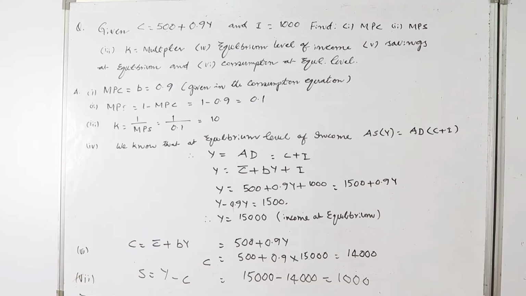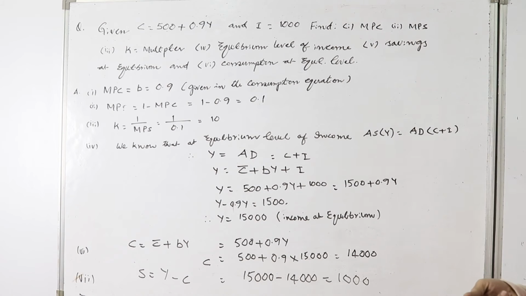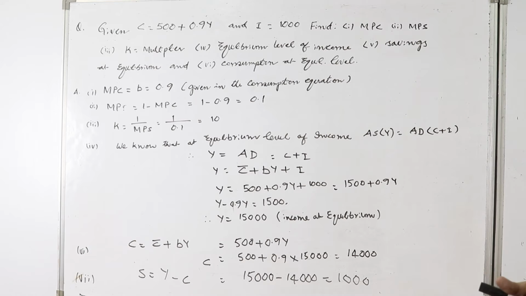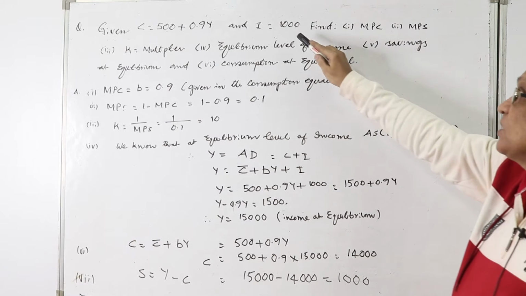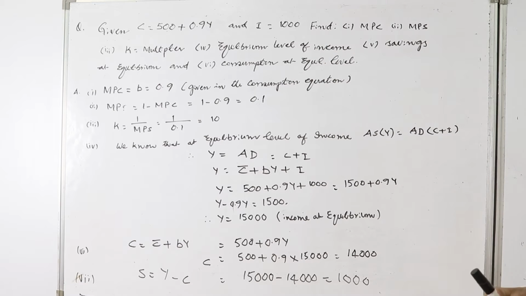That is MPC. MPC is given as 0.9, so we can easily find out MPS here without much calculation. We know that MPS is equal to 1 minus MPC, so in this case MPS will be 0.1, pretty simple. And investment is given as 1000, we can call it autonomous investment.